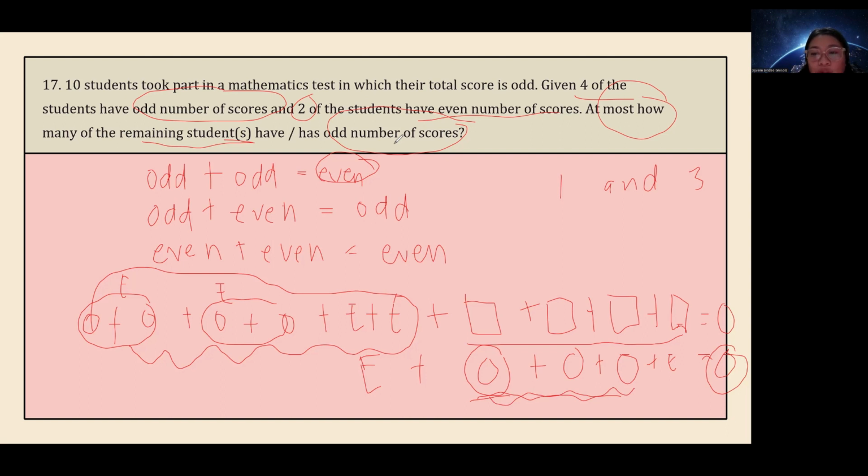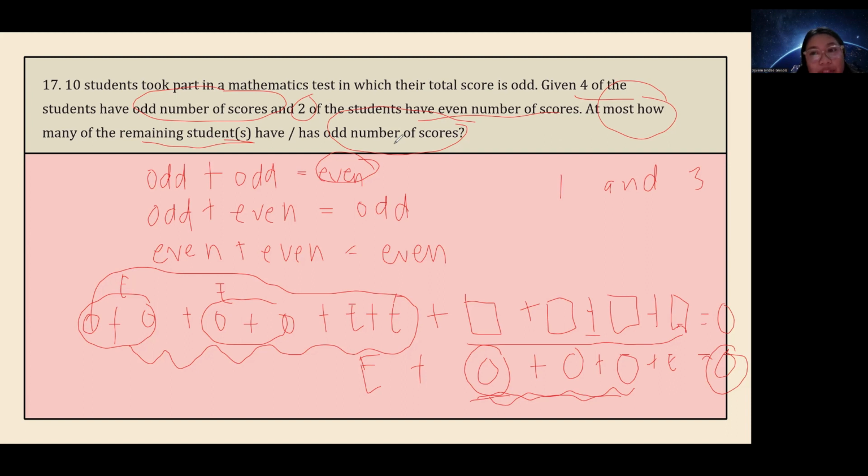Okay, we cannot have all of these 4 students to have an odd score because the result will now be even. Okay, even plus even, it's not odd, right? It would be even now. We cannot also do 2 because 2 odd scores would still give an even result. So we could either have 1 odd or 3 odd scores.